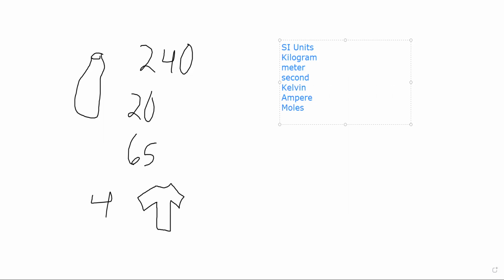And we're not going to get into the mole too much in this video, but it is a unit, sort of. Like I said, we're not going to get into it, but I'm just going to take it off the list. That might be confusing. But anyways, we have a list of basic SI units. These are the most important ones.